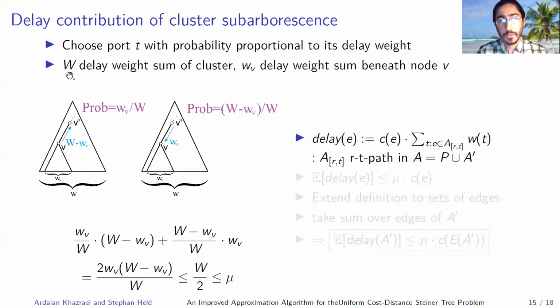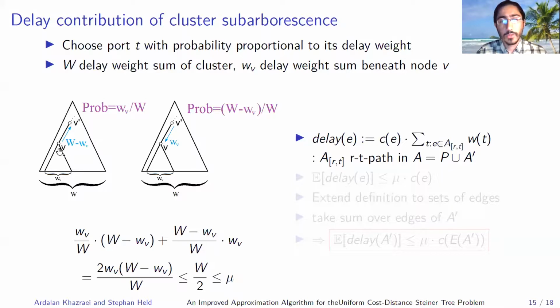So if capital W denotes the total delay weight sum of all terminals throughout the cluster, and W sub V the sum of delay weights of the terminals beneath a node V inside the subarborescence, we have that with probability W sub V divided by capital W, the chosen port will be in the subarborescence rooted at V.